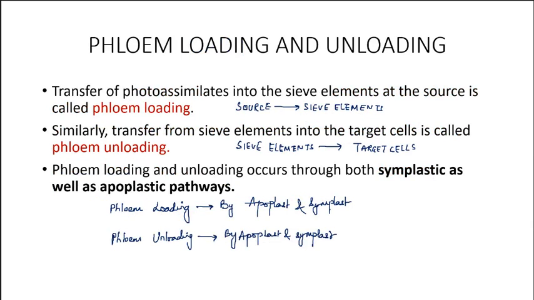Next we need to know in detail about phloem loading and unloading. Remember, when the solute is transported from the source where it is produced to the sieve elements, it is known as phloem loading, meaning the phloem is loaded with sugar. When the sieve elements are emptying into the target cells, the movement from the sieve elements to the target cells is phloem unloading.